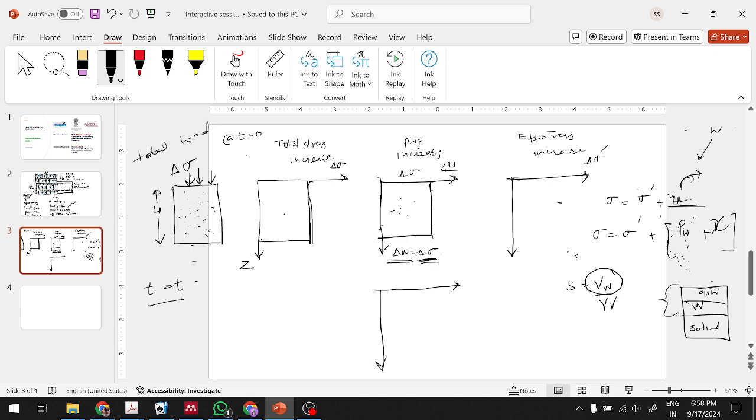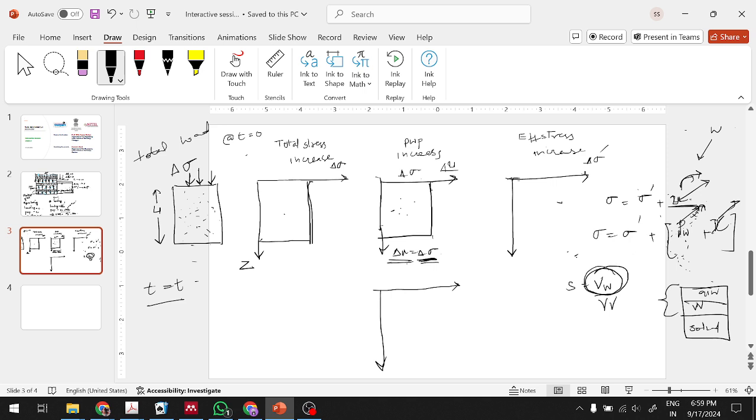Okay, so we will take a pressure, because this is basically pressure. This is pressure, this is pressure. We will take pressure due to water, multiply it with saturation, because that portion is filled with water.